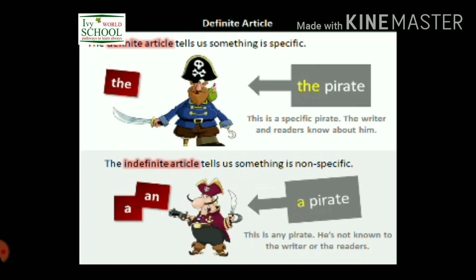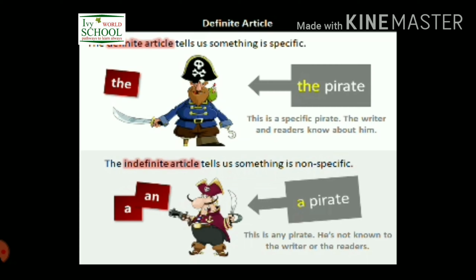And look at this picture. Look at the pirate in the second picture and look at the one in the first picture. The second picture tells us about a pirate in general. And look at the first picture. This is a specific pirate. Why a specific pirate?